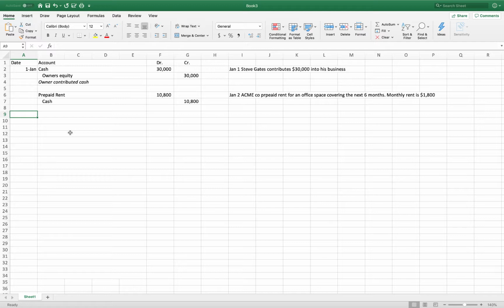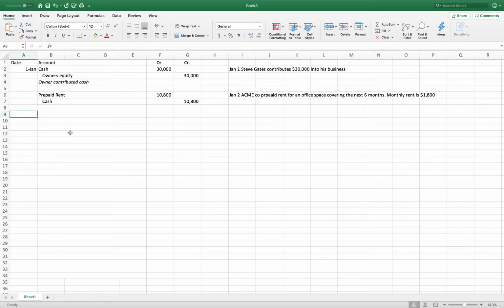And then the second one we hit was prepaying for an asset, whether it be rent, supplies, whatever. So the third type of transaction that we're most always going to see is when a company purchases an asset on account, okay?